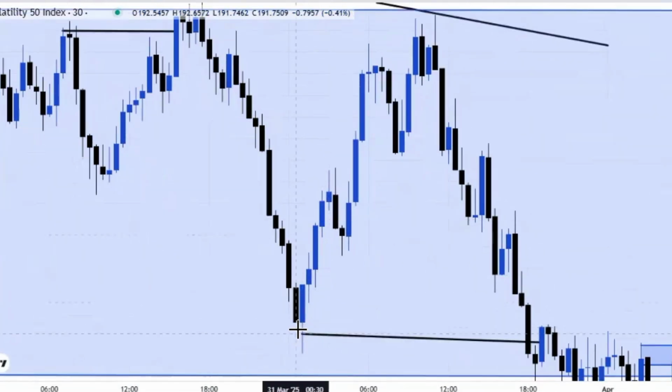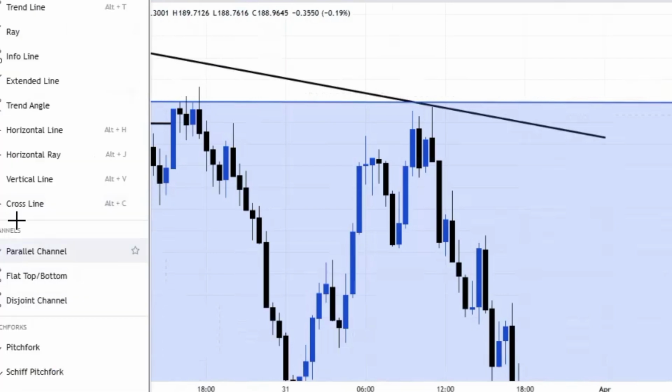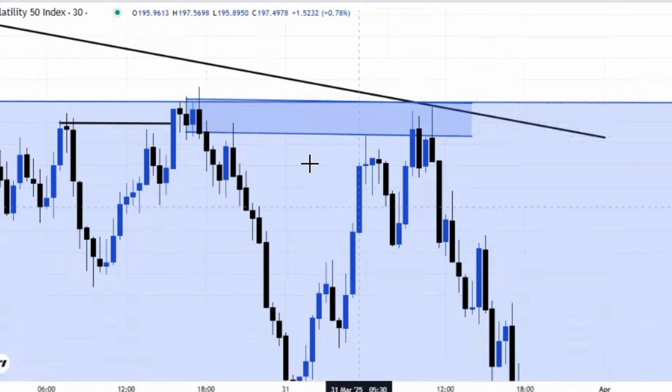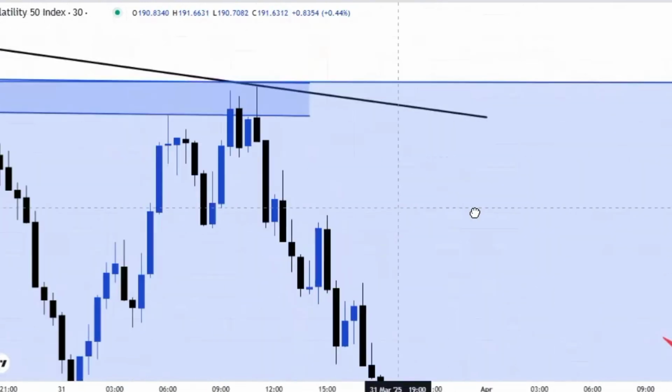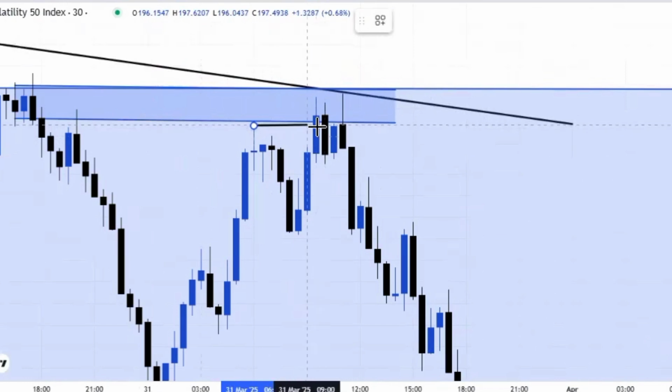After moving down, it went up again, back to this other order block on 30 minutes right here. Once price went there, if you notice, we again saw liquidity taken out here.